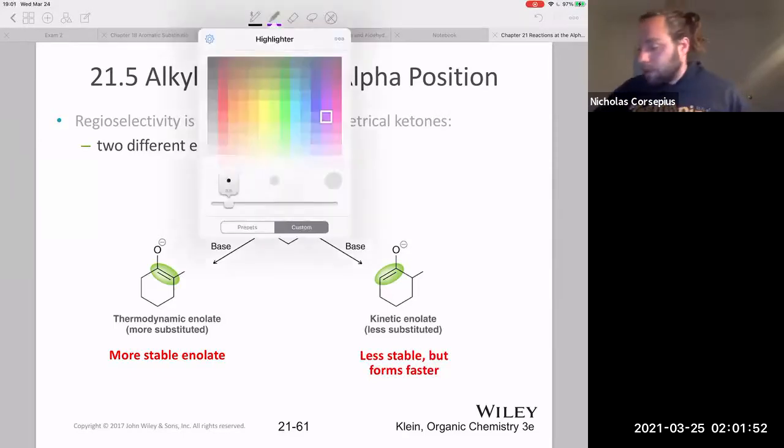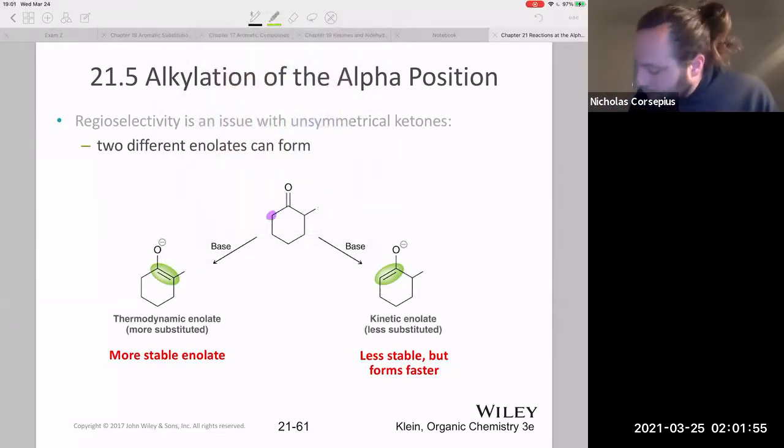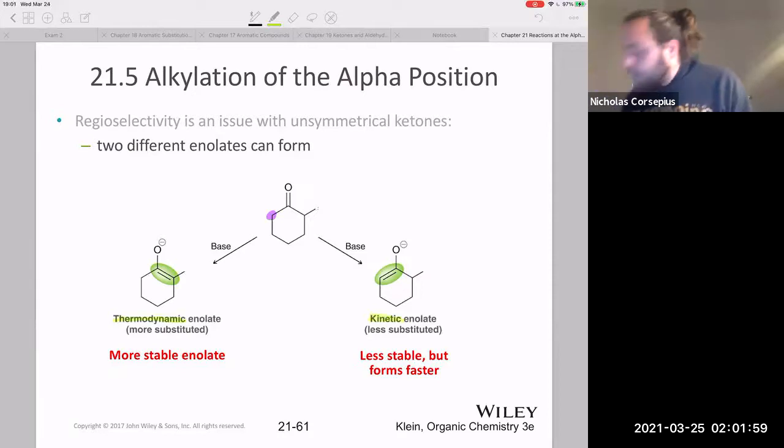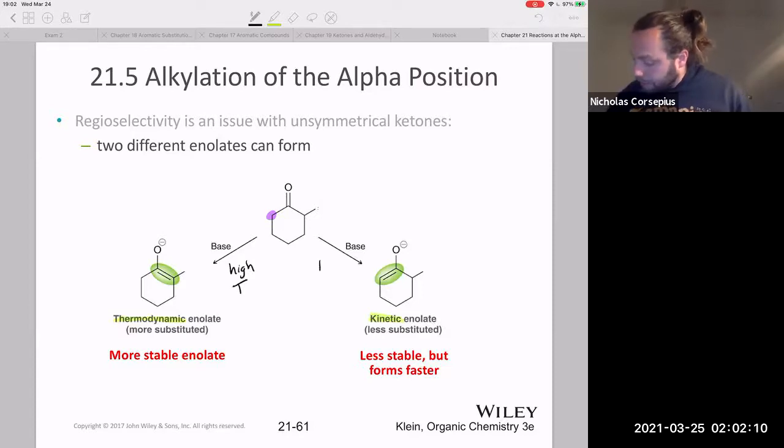So this is now our second time that we've seen this idea of a thermodynamic product and a kinetic product, okay? So we would expect the thermodynamic product to form at high temperatures and the kinetic product to form at low temperatures, okay?